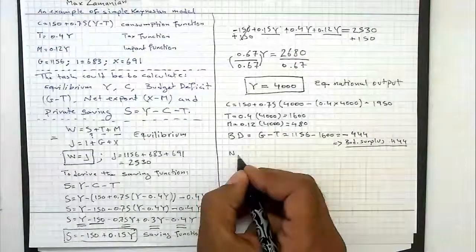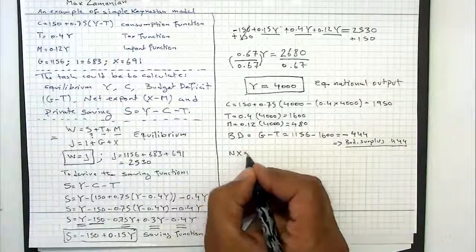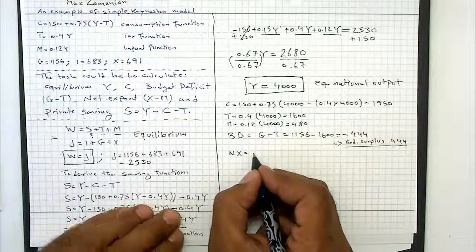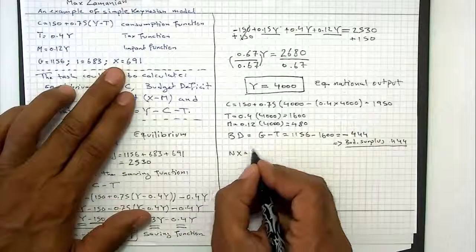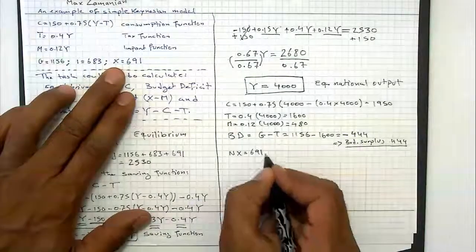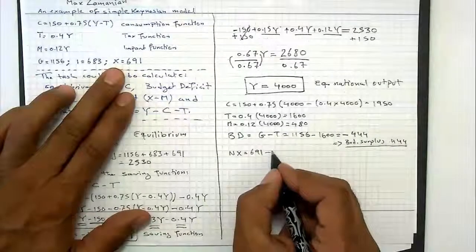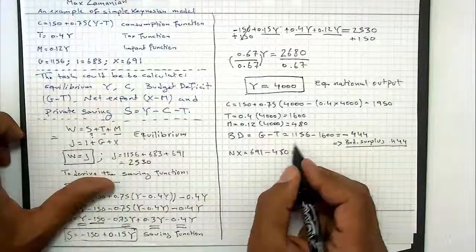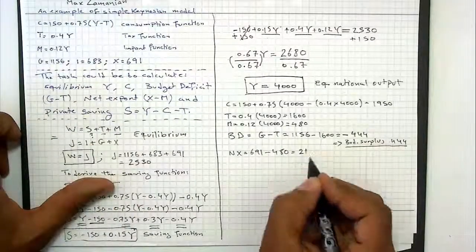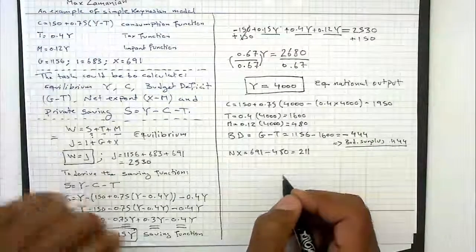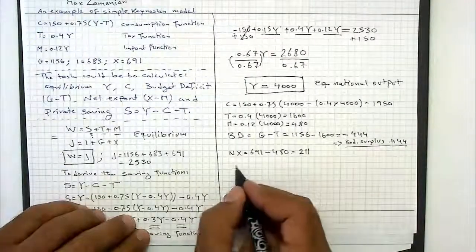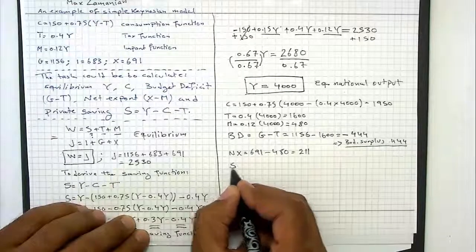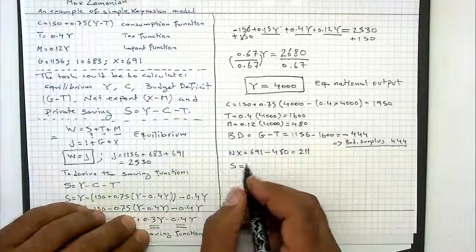For the net export, you have export given 691, and import you have calculated here 480. You will have net export of 211.